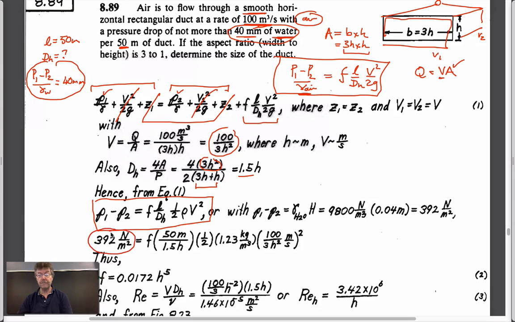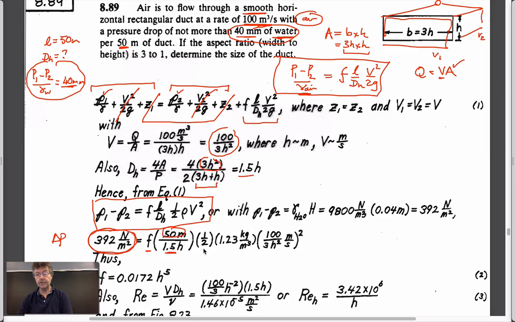So this is the pressure drop, which we know. We have a pressure drop of 40 millimeters of water, so we can calculate exactly what this would be in terms of the actual pressure drop, which is what this magnitude is. This is delta P rather than delta P over gamma W. And it's equal to a friction factor, which we don't yet know. It's equal to a length over diameter ratio.